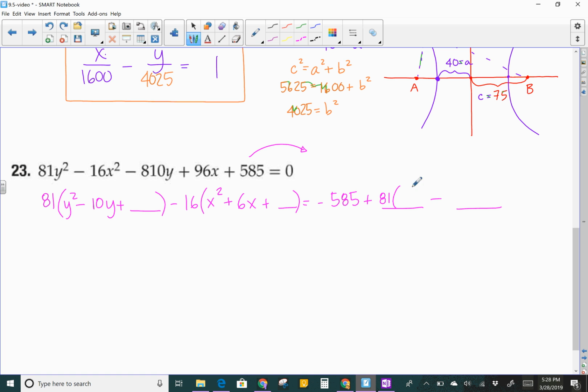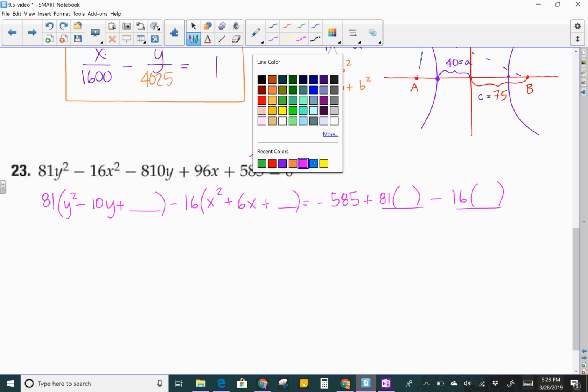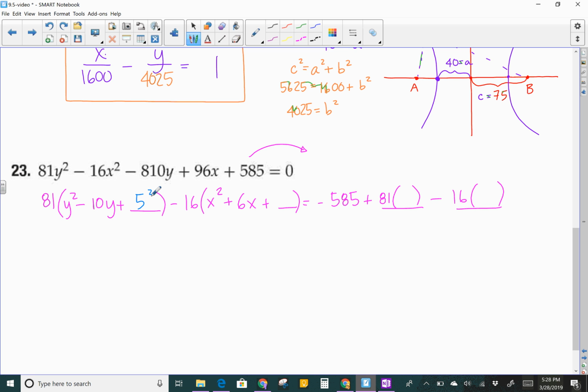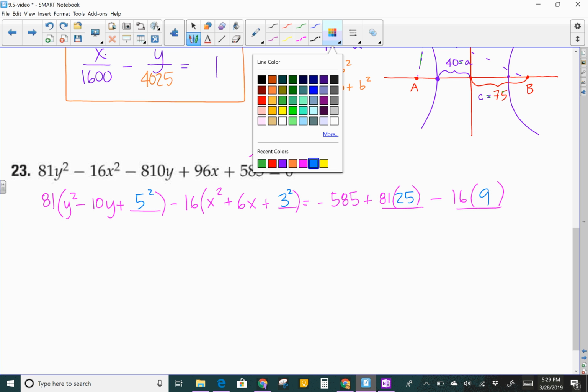It's inside parentheses, in which everything's been multiplied by 81. This one is inside parentheses, in which everything was multiplied by negative 16. So what number am I going to put in here? Half of 10 is 5. 5 squared is 25. Half of 6 is 3. And 3 squared is 9.